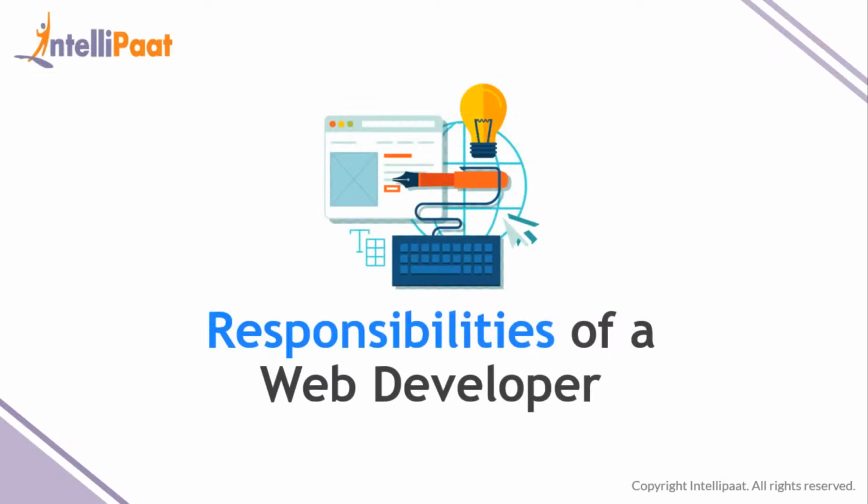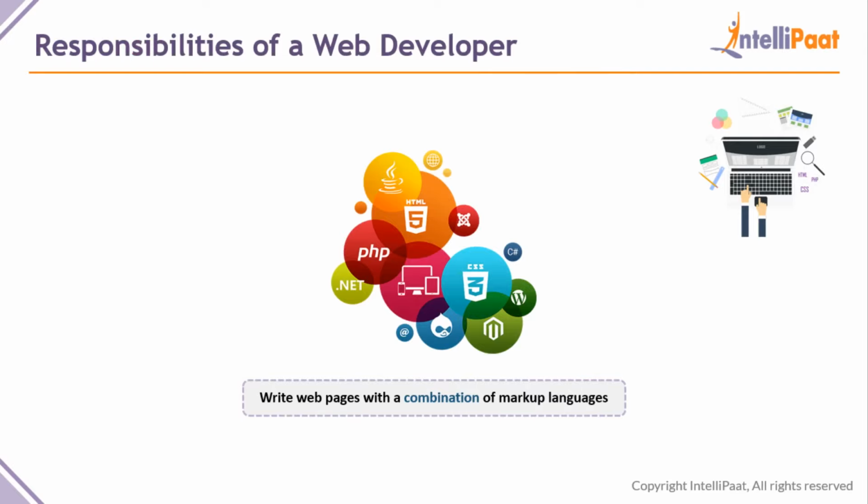So now that brings us to the next thing out here, which is the responsibilities of a web developer. So what are the responsibilities if you have to make a good website? Well, the biggest responsibility that I can think of is to make sure that you know how to create these websites.